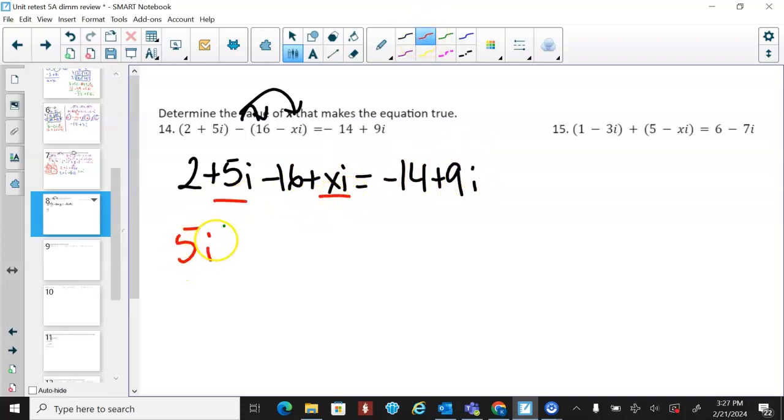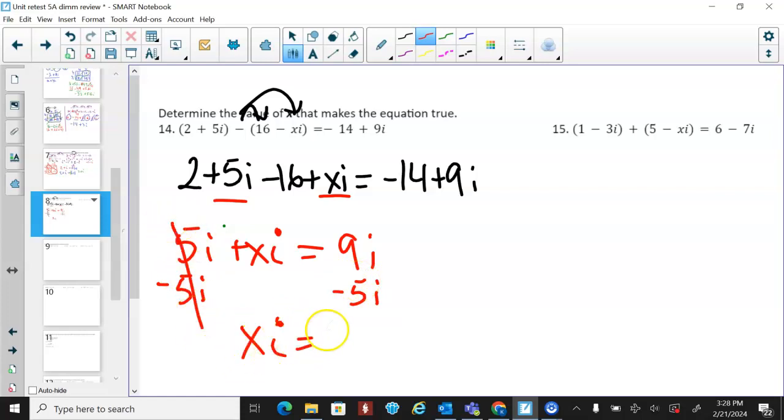So I get 5i plus xi equals 9i. I'm going to just solve for x. I'm going to take the 5i away first. Subtract 5i from both sides. Okay? And xi now equals 4i, where the i's will drop because they're on each side of the equation. So x equals 4.